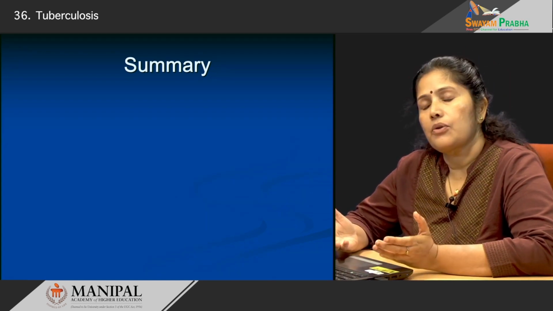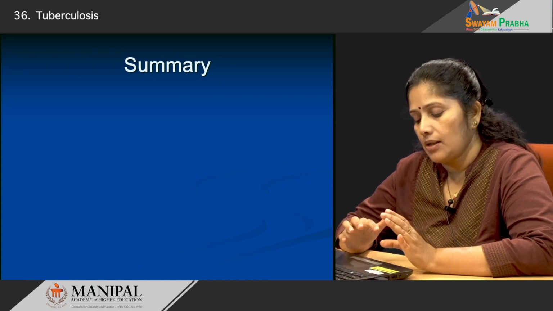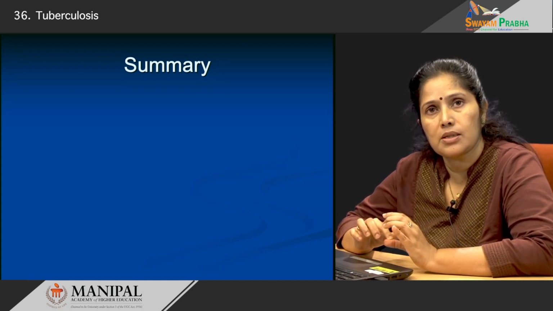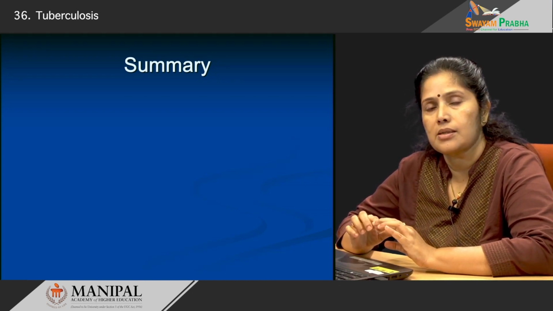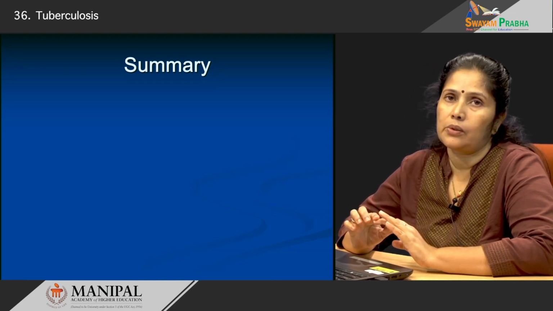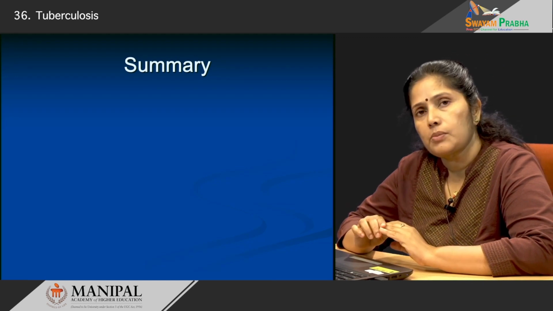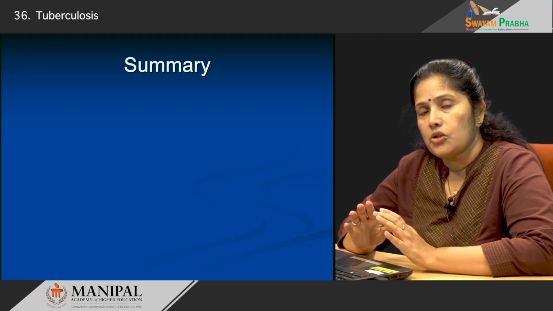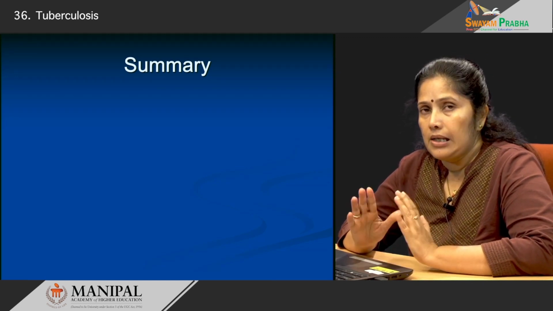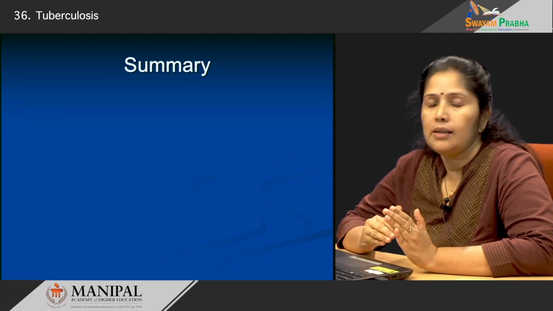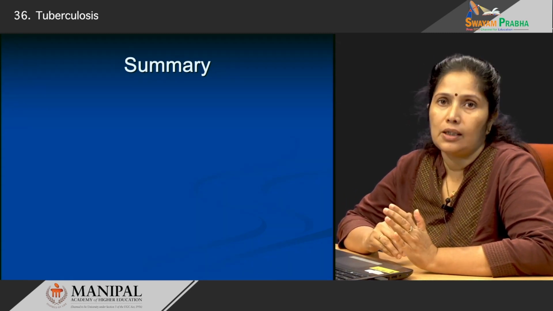We looked at the 3 different forms of the disease, which are primary tuberculosis, secondary tuberculosis and miliary tuberculosis. In both primary and secondary tuberculosis, the lesions are restricted to the lung, and there may be hilar lymph node involvement.